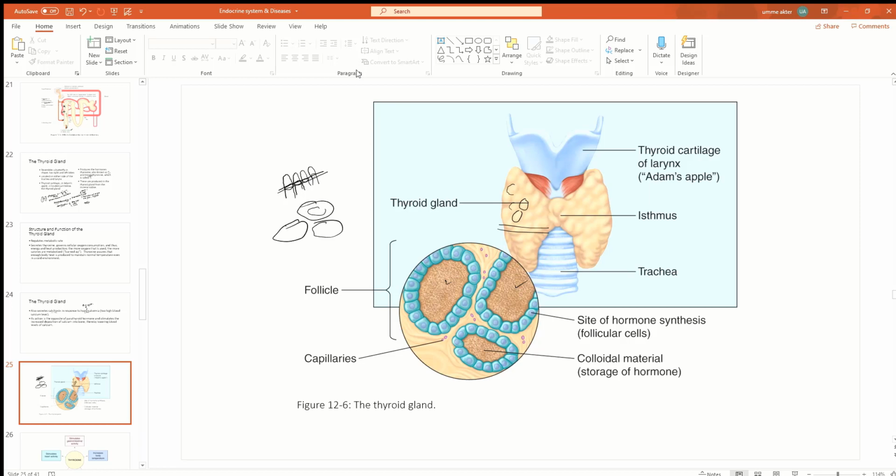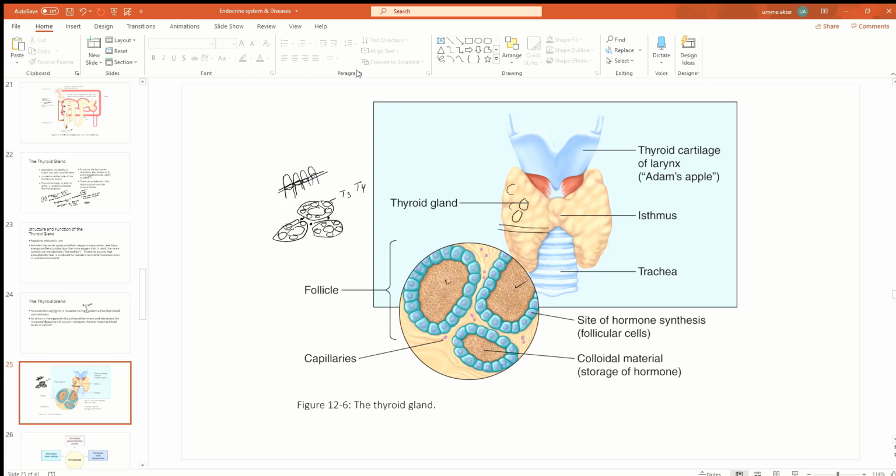Okay, and in the wall of the follicle you have the cells. These are called follicular cells. Okay, follicular cells, and these cells help to produce T3 and T4. And in between the follicles you have another type of cells. These are called parafollicular cells.